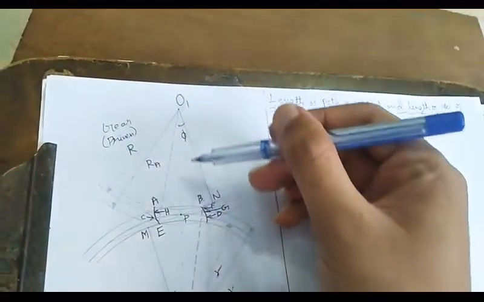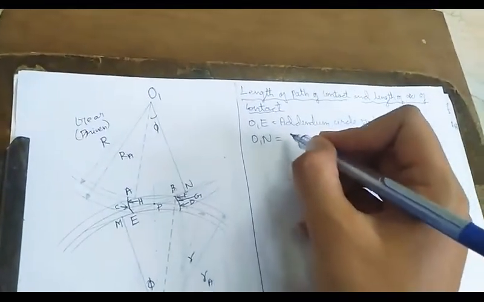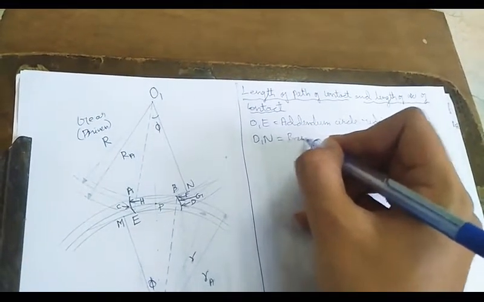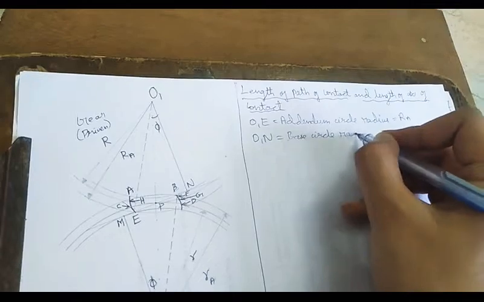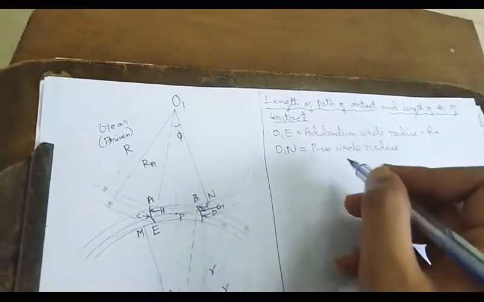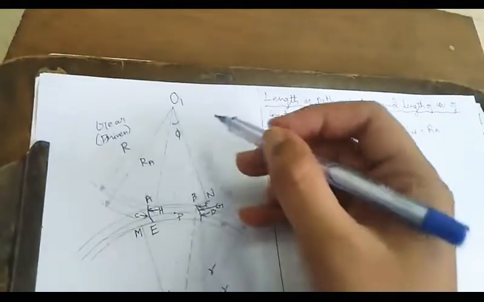You can see O1N is the base circle or dedendum circle radius.